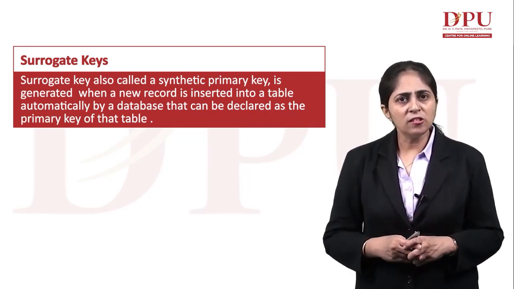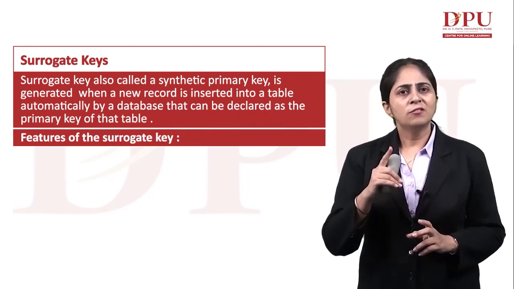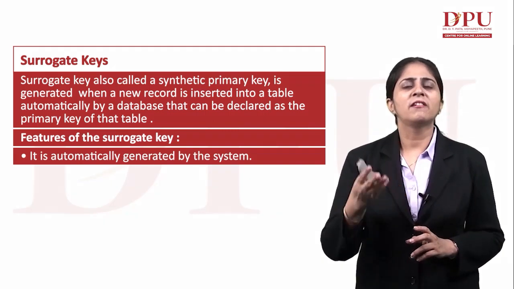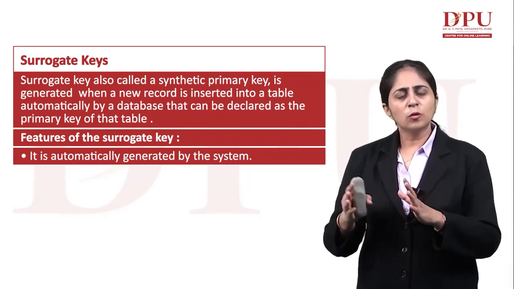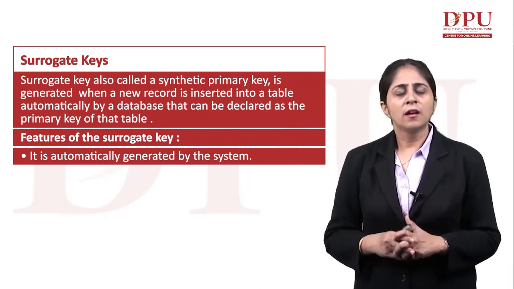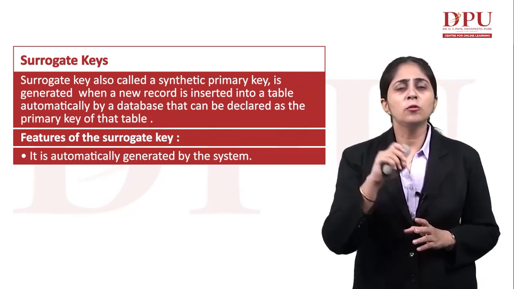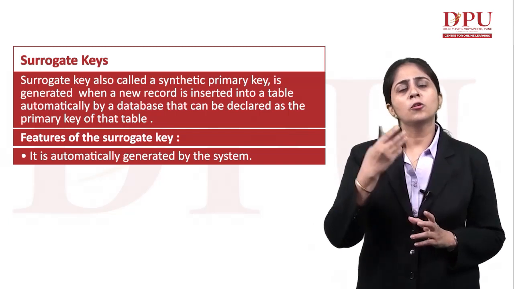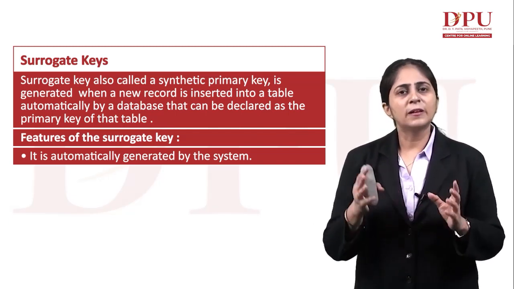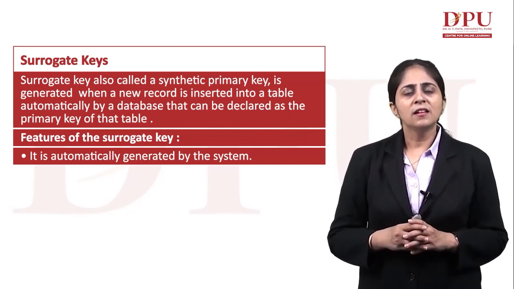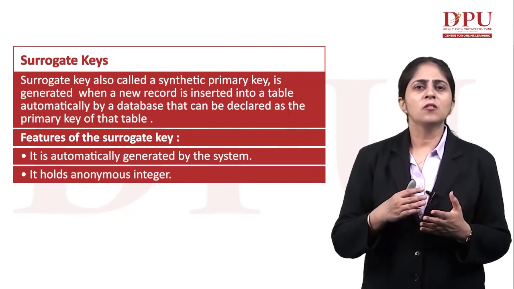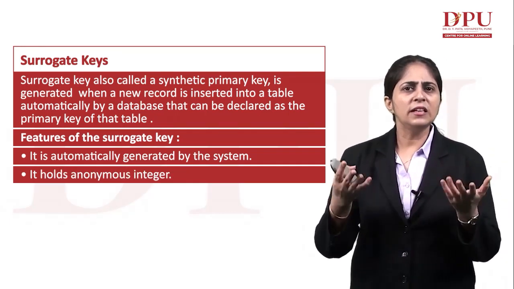Talking about some of the features of surrogate key. First, it is automatically generated by the system. You do not have to define that particular key. Whenever a new record is inserted, our database has to refer to those records, so it will automatically generate that key. Second, it holds an anonymous integer value.